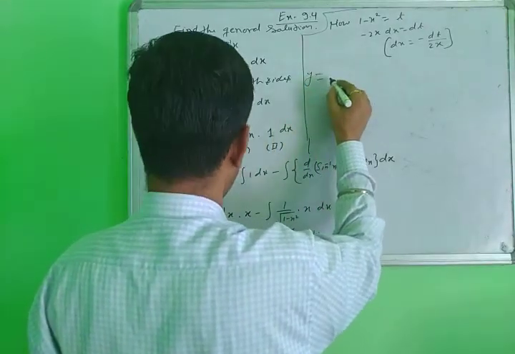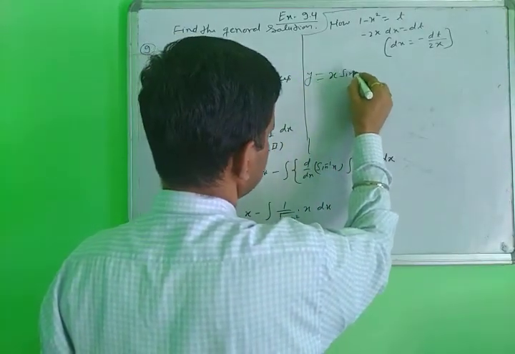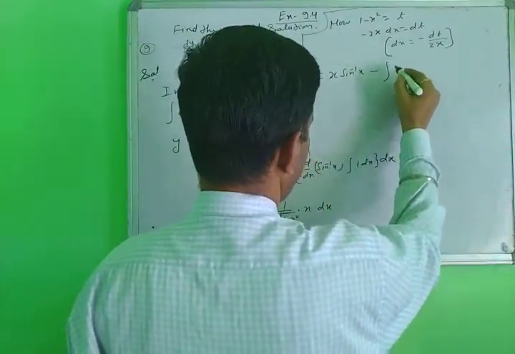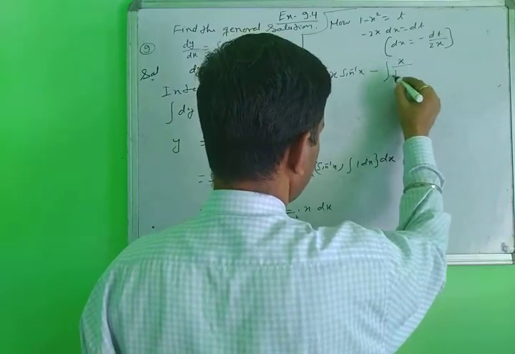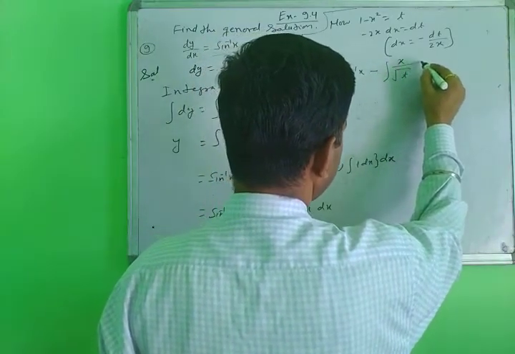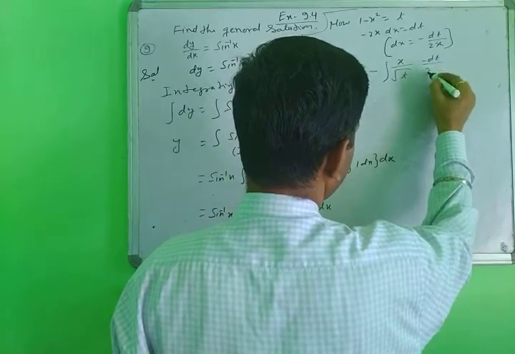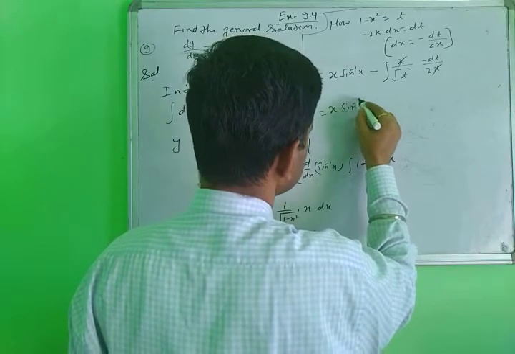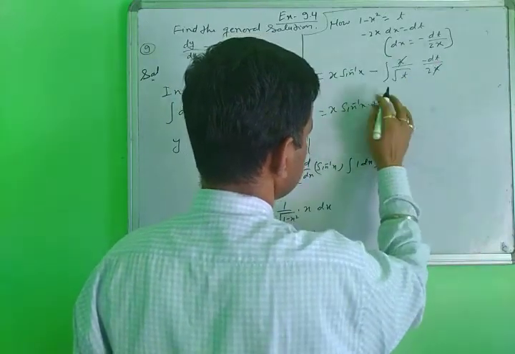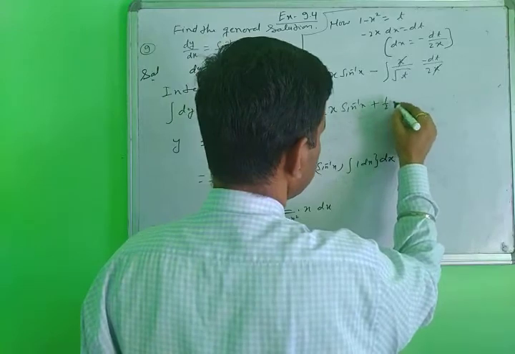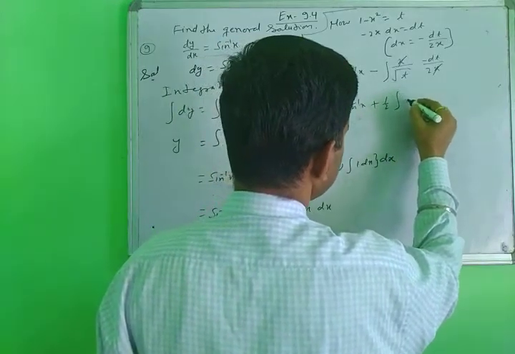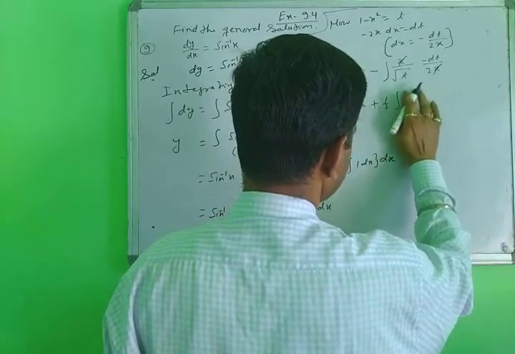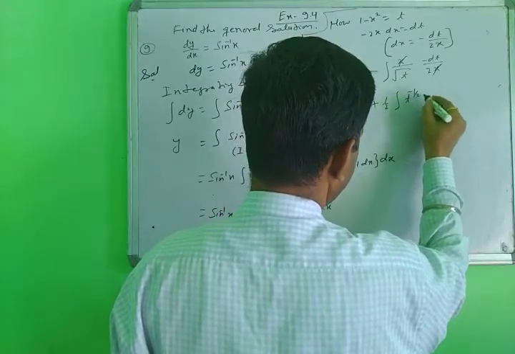Now y equals x sin inverse x minus, here we get x upon root t and minus dt over 2x. This x will cancel. What is left is x sin inverse x minus minus, so plus, 1 by 2 taken outside, and t to the power minus 1 by 2 dt.